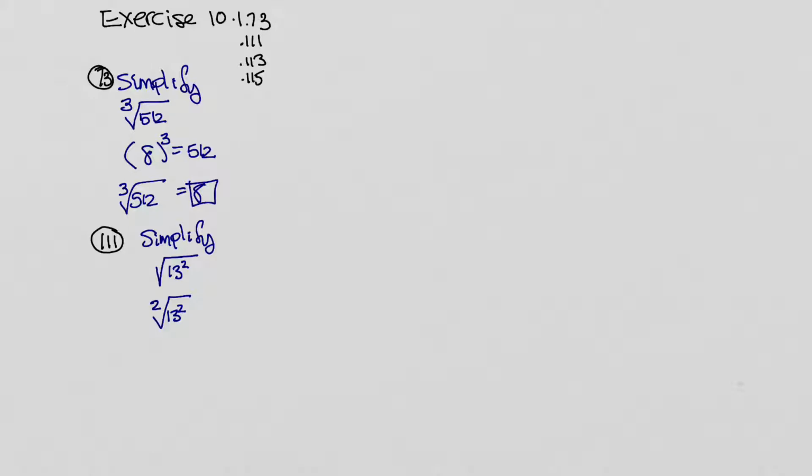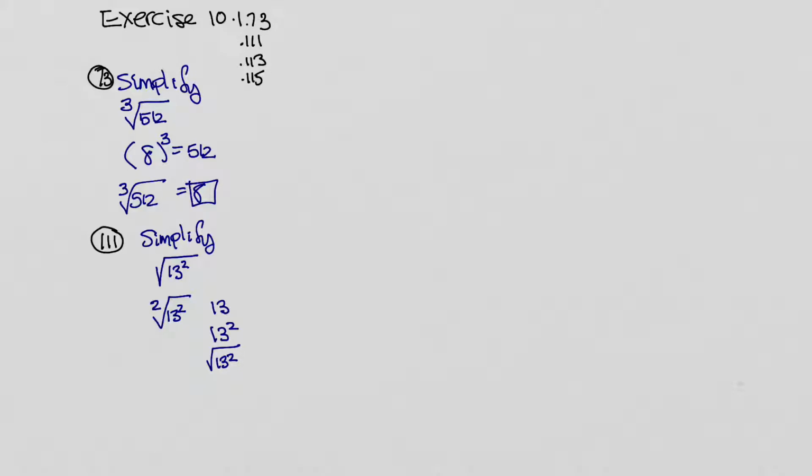Now, here's how we could look at this. Here's kind of the evolution of this. You start with 13, right? Then we square it. Then we take the square root. Now, because 13 is positive, what we get is this. The square undoes the square root. You start with 13, you square it, you square root it.